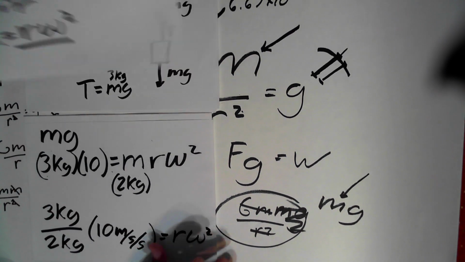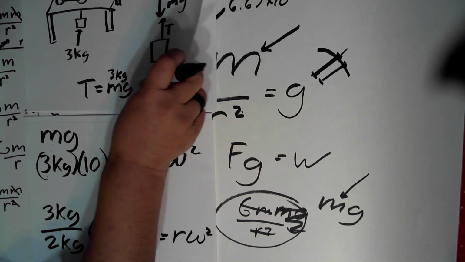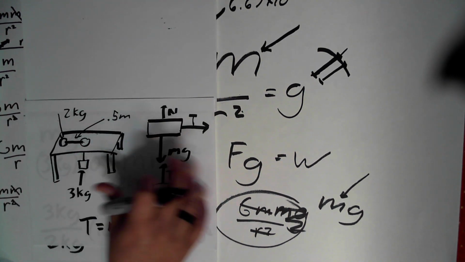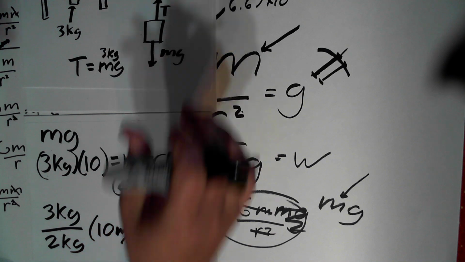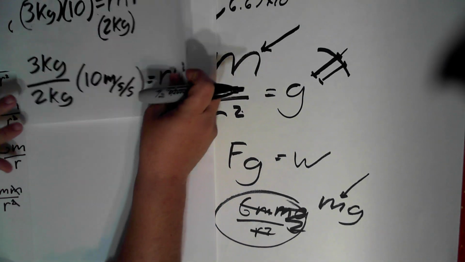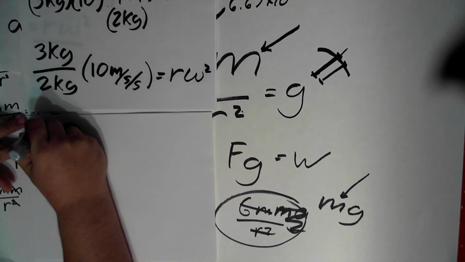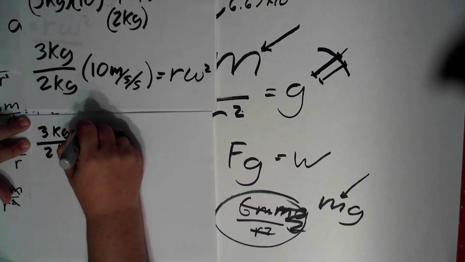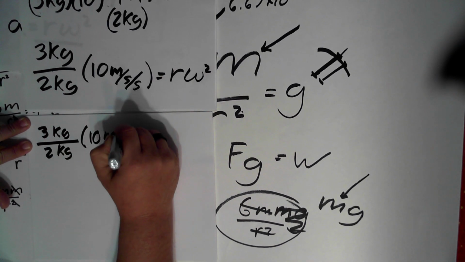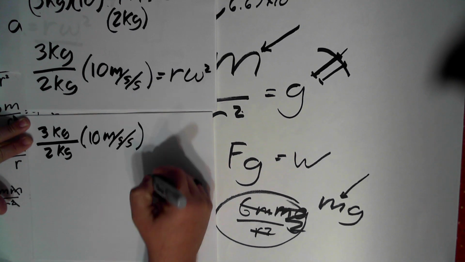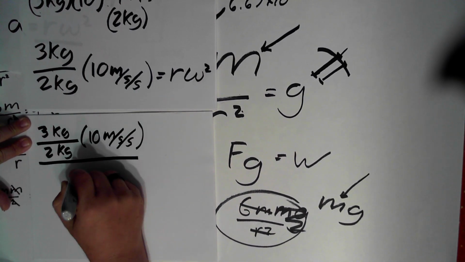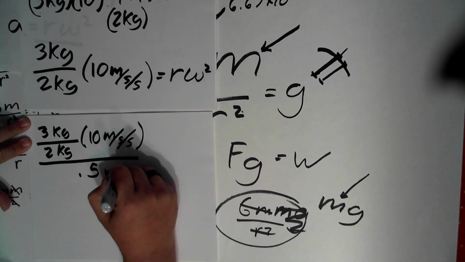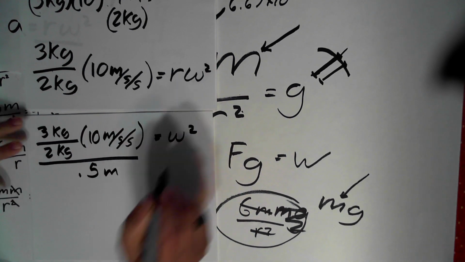And then all the way back in my original problem, I said that r is 0.5 meters. So I am left with this: 3 kilograms divided by 2 kilograms multiplied by 10 meters per second squared, divided by 0.5 meters, is equal to omega squared.